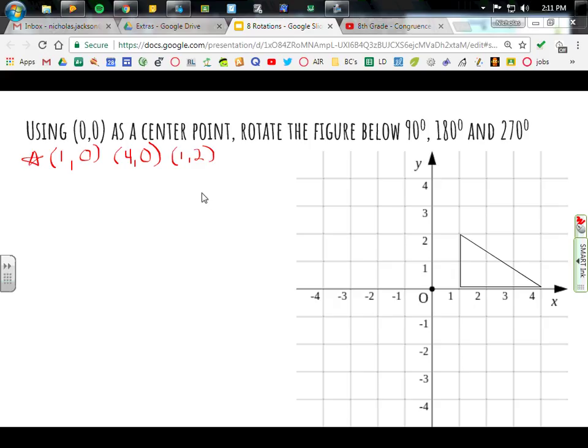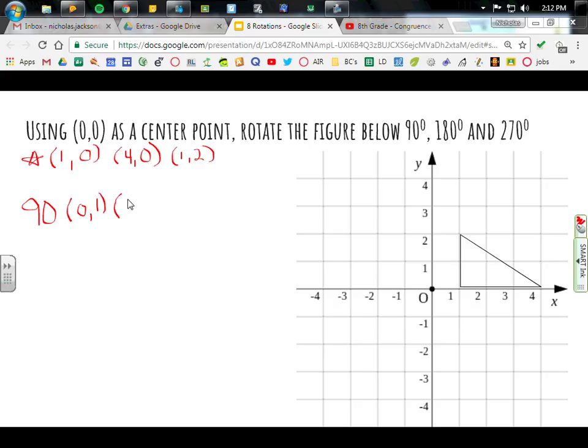All right, so let's do a 90-degree rotation first. Remember the rule for a 90-degree rotation is you flip-flop your x and y, and your y becomes negative. So for this first point, we'll flip-flop our x and y. We get (0, 1). Now, 0 cannot be negative or positive. It's not counted as negative or positive, so there's no way to have a negative 0.